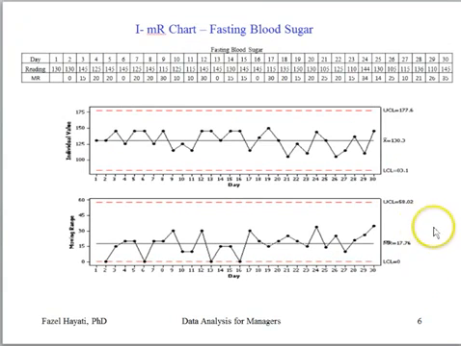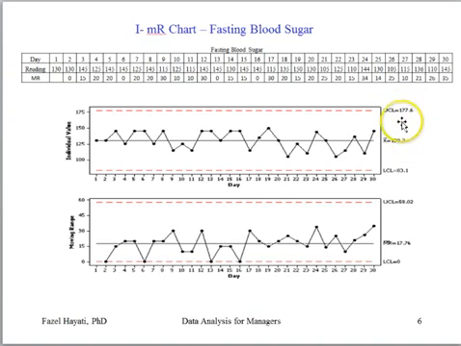Here is an example from healthcare. This is the fasting blood sugar. For the past 30 days, the fasting blood sugar values have been collected. As you can see, this chart again is in statistical control. Based on the last 30 days, the fasting blood sugar averages about 130 and can possibly vary between 83 to 178.